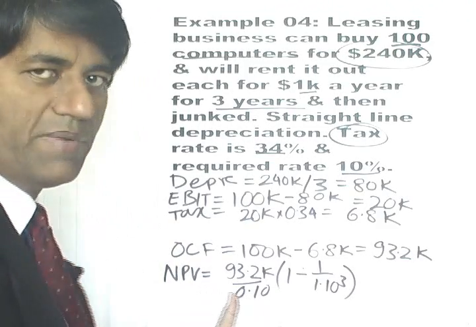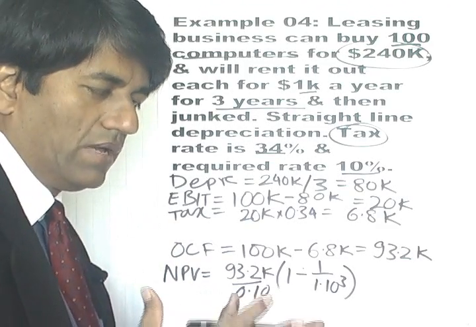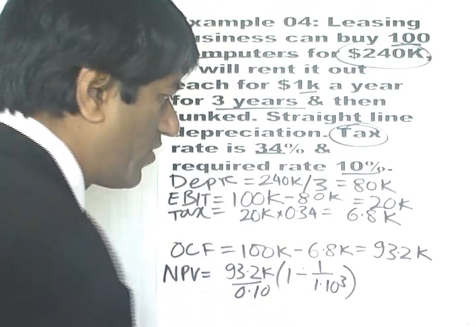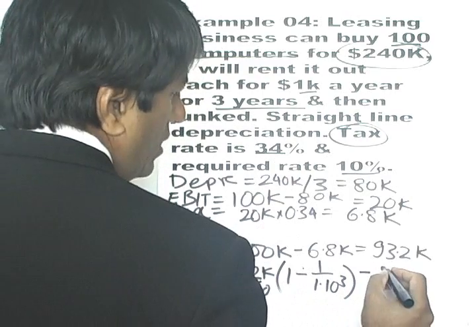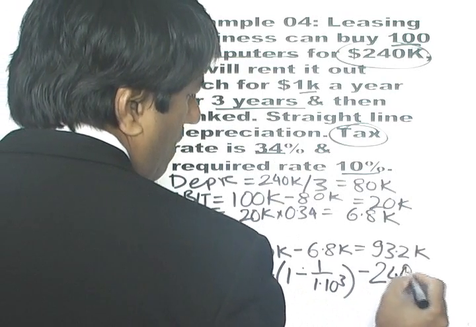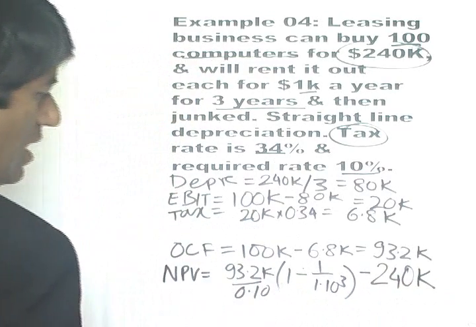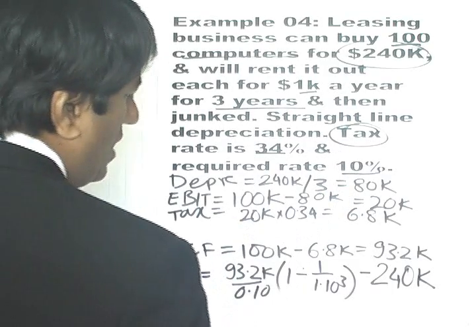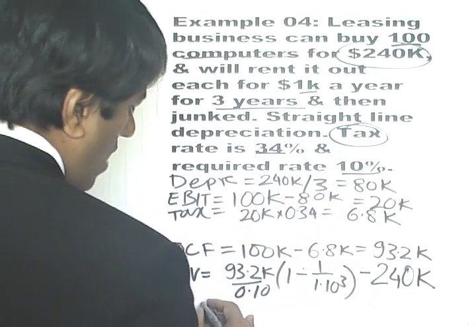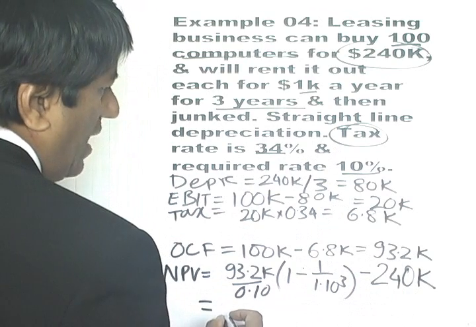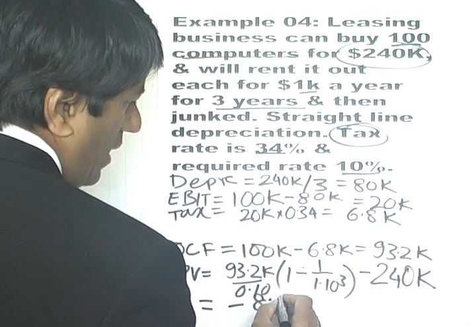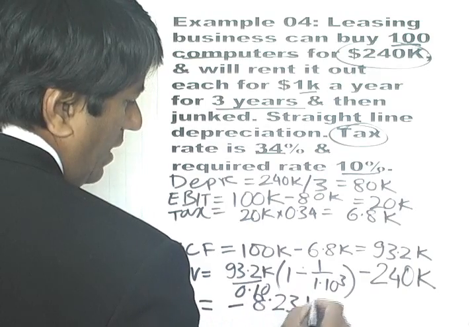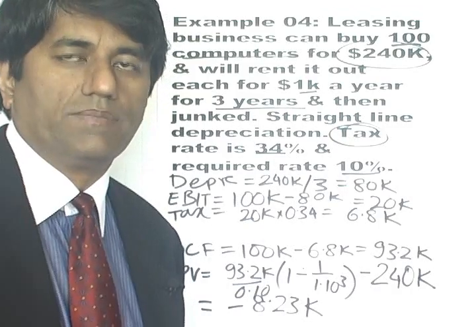So that's going to be the present value of what this project produces, and you have to subtract what it consumed, and what it consumed was 240K. You work this out, and you're going to get NPV equal to minus 8.23K. So it's a negative NPV, bit of a disappointment, should not be doing this project.